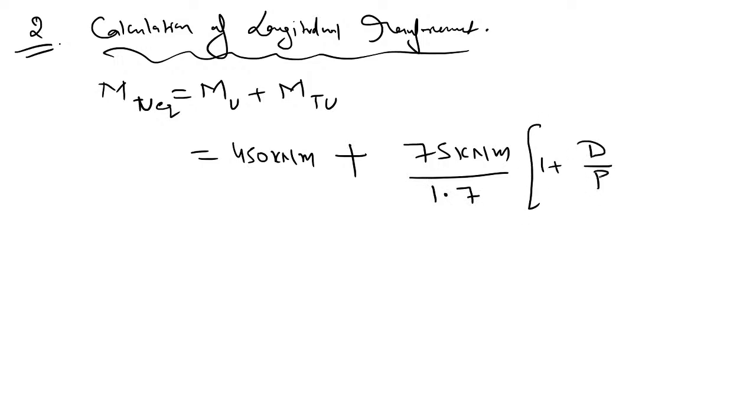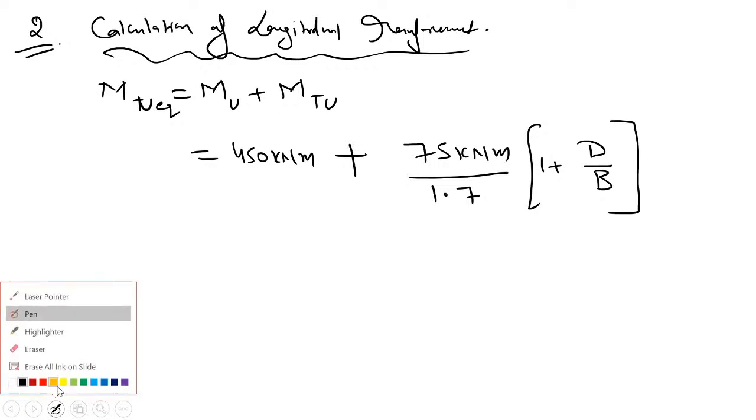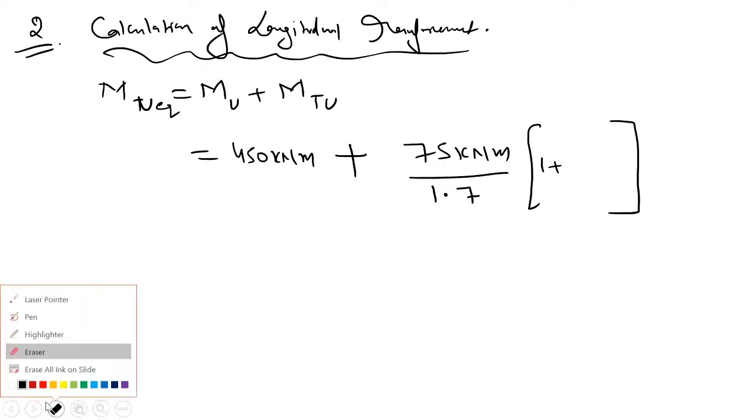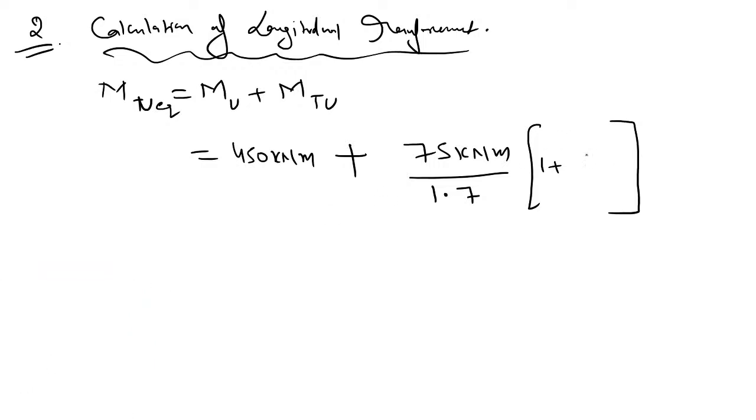So D is here. D was how much? It is overall D, 750 mm, and overall width is 350 mm. Okay.